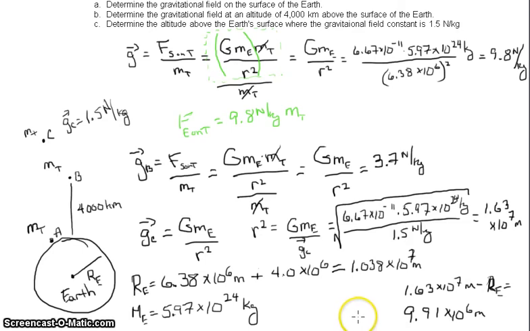So that is the altitude above the Earth's surface to get a gravitational field of 1.5 newtons per kilogram, where the Earth only pulls 1.5 newtons for every kilogram. So if you had a mass of 100 kilograms, the force of the Earth would only be 150 newtons on you at that point.